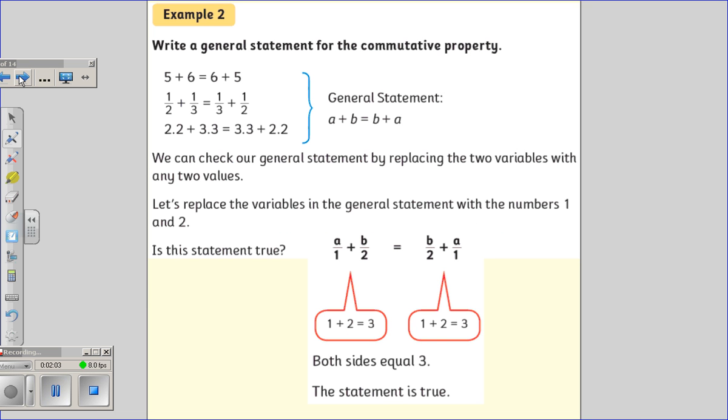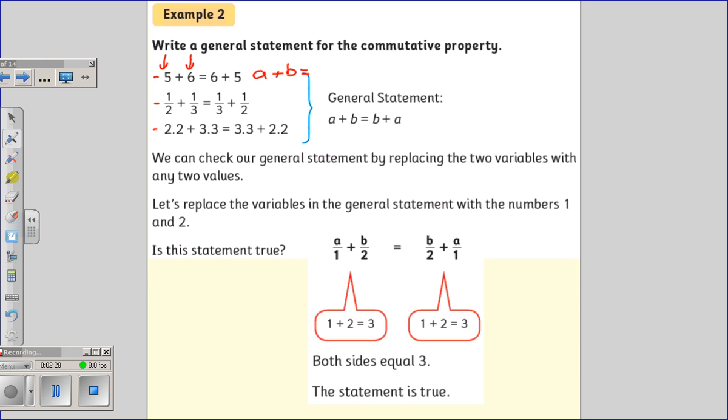Let's write a general statement for the commutative property. Here's our 3 examples from the last page. Let's substitute the variable a for the first number in our addition problem. And then let's substitute b for the second number in our addition problem. So we could say for the first one, 5 equals a and 6 equals b.